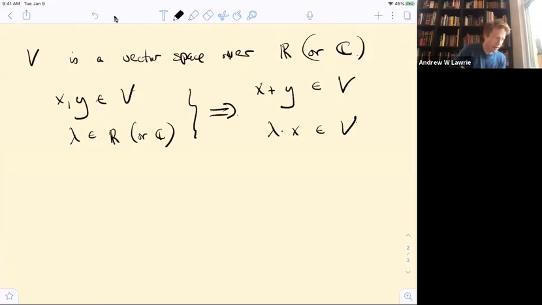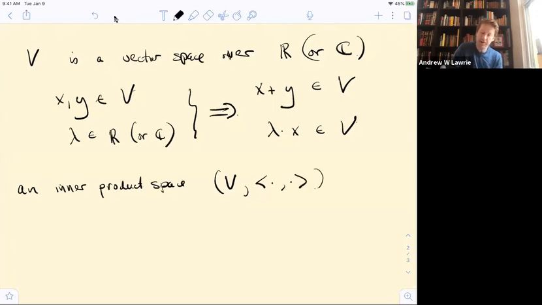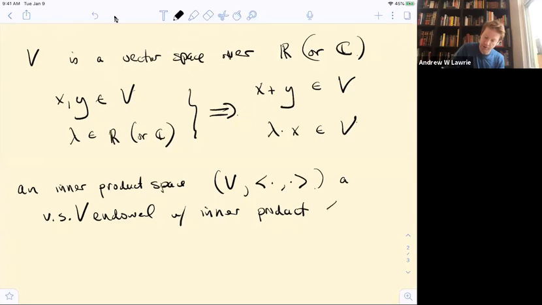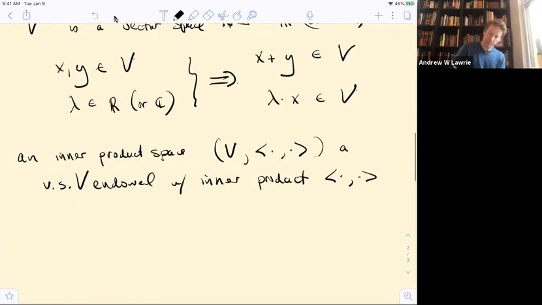So we'll say an inner product space is a vector space V endowed with an inner product. I'll use angle brackets for inner product.